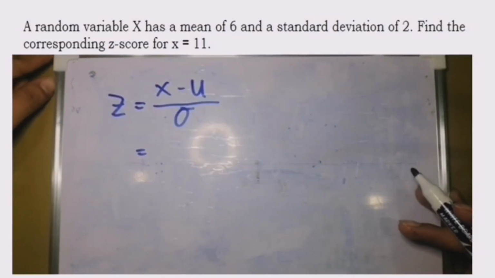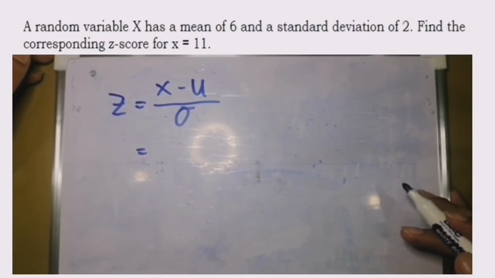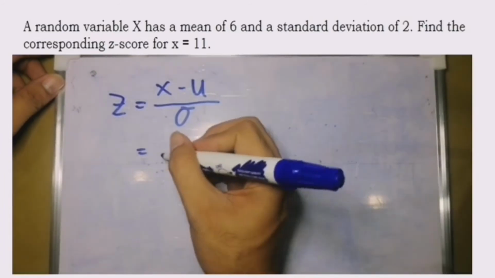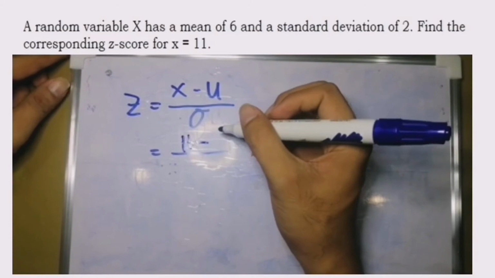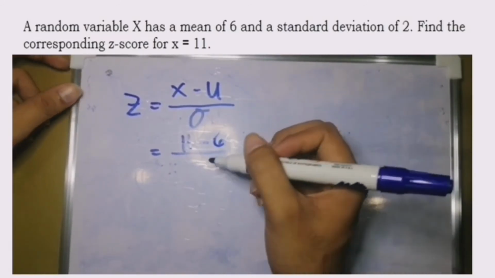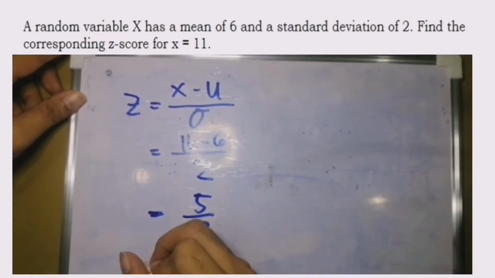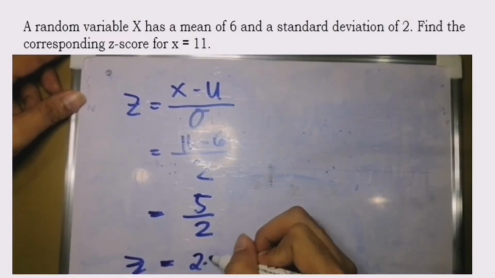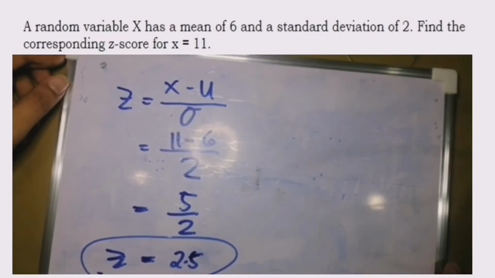We just substitute x as 11 minus the mean, 6, divided by the standard deviation, 2. So this is 5 over 2, so z is equal to 2.5. That is the corresponding z-score.